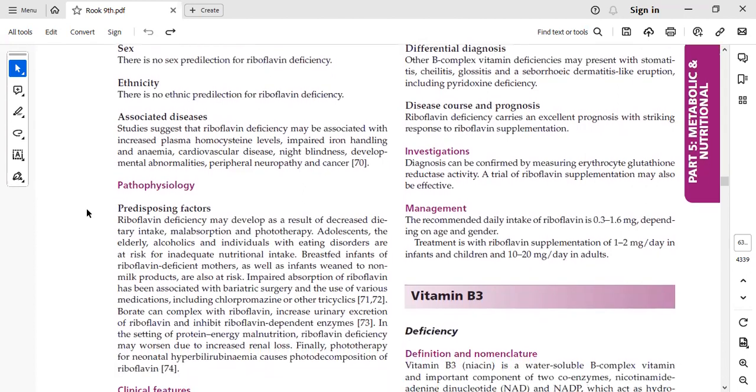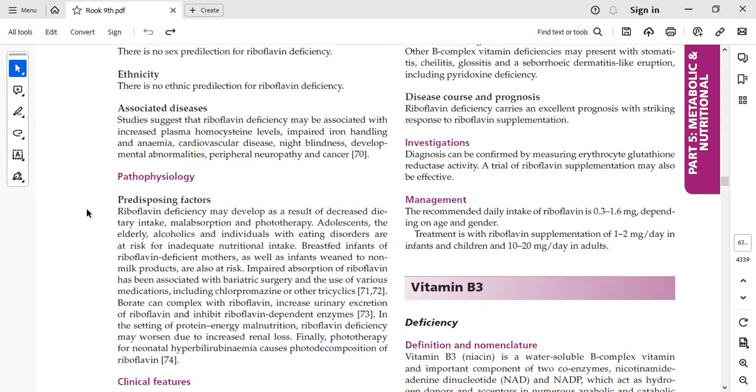The factors which predispose to riboflavin deficiency are again similar to the previous one: decreased dietary intake, malabsorption, or phototherapy. In phototherapy, there is photodecomposition of the riboflavin, and that's why there is acute deficiency of vitamin B2 in patients undergoing phototherapy, especially in neonates.